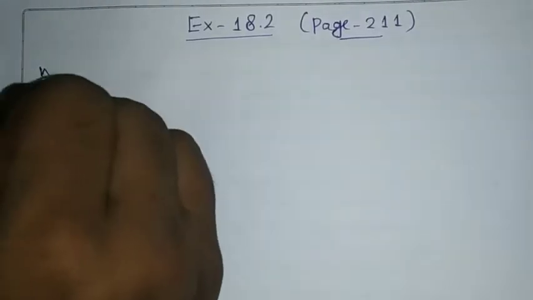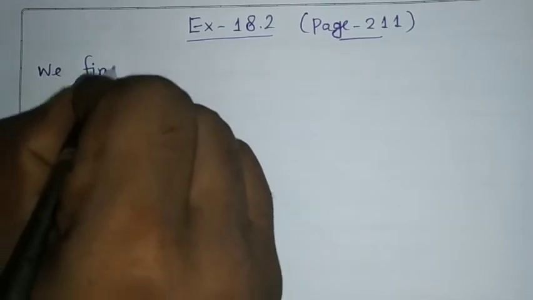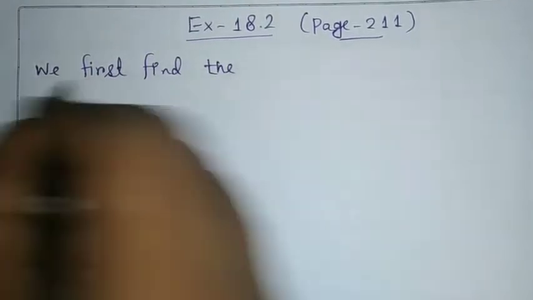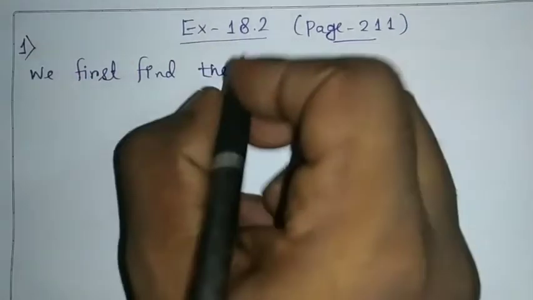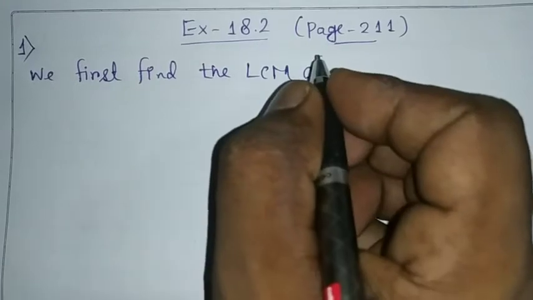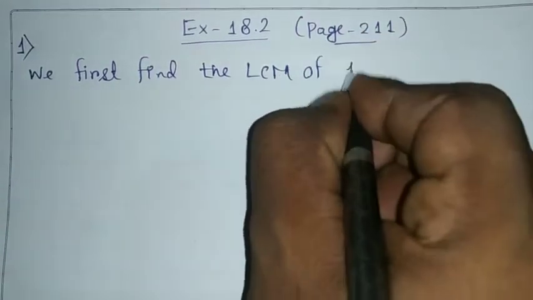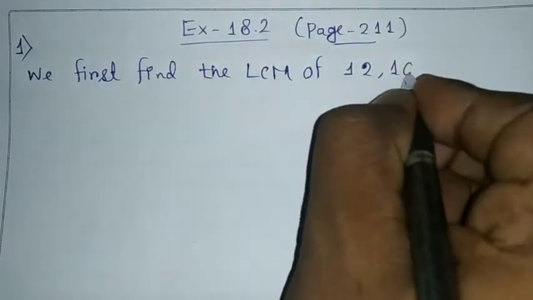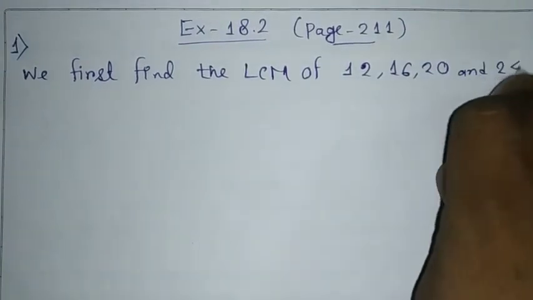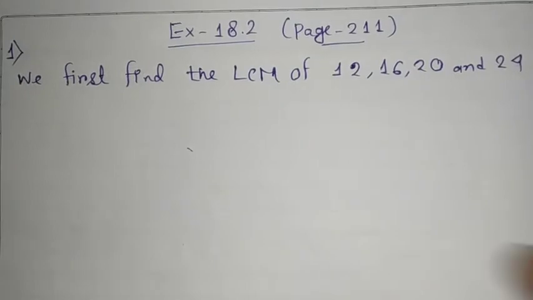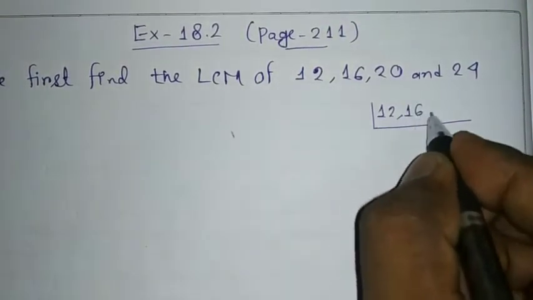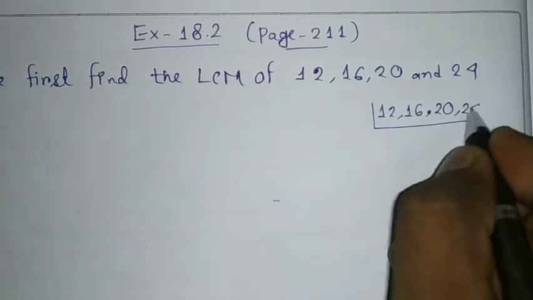So we first find the LCM of which numbers? 12, 16, 20 and 24, right? So let's find the LCM first. That is 12, 16, 20, 24.